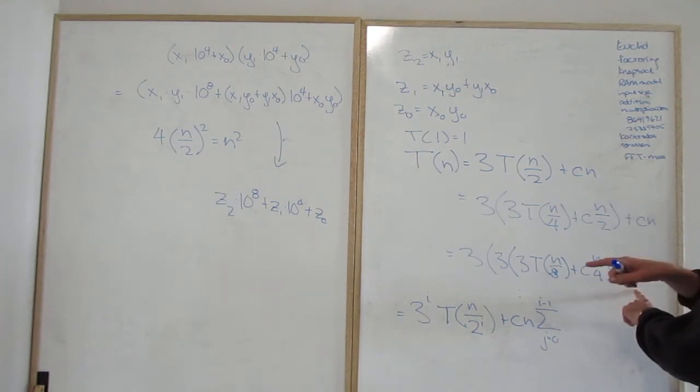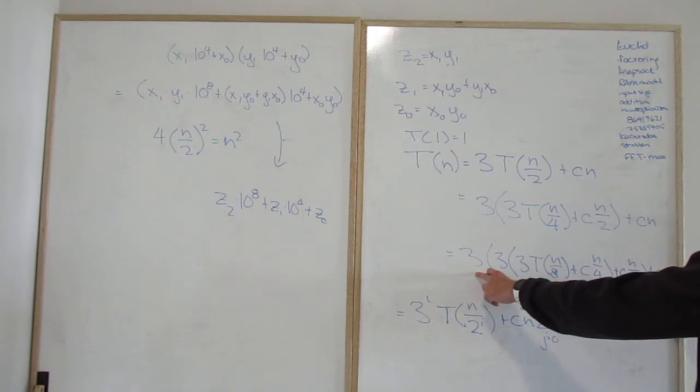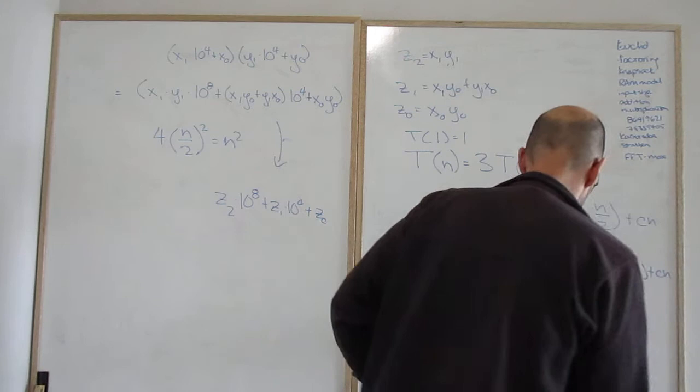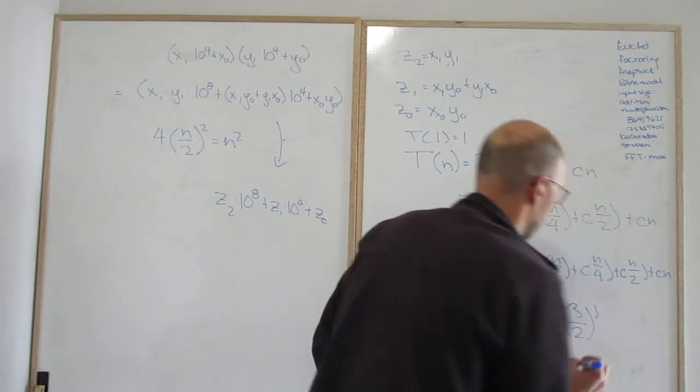This is being multiplied by this 3. This is being multiplied by this 3 and this 3. So it's actually going to be (3/2)^j.